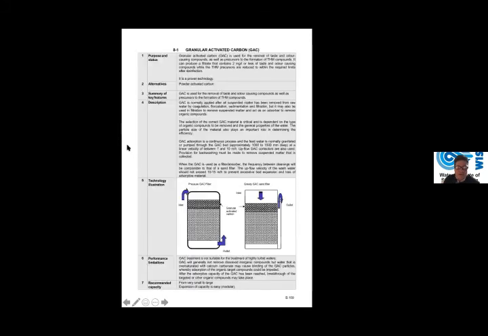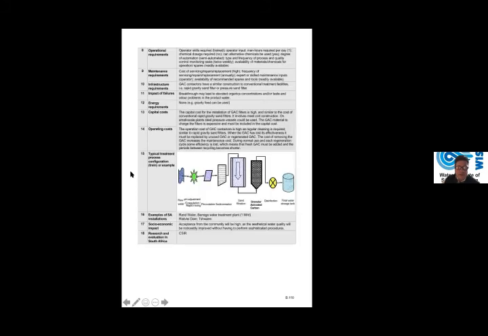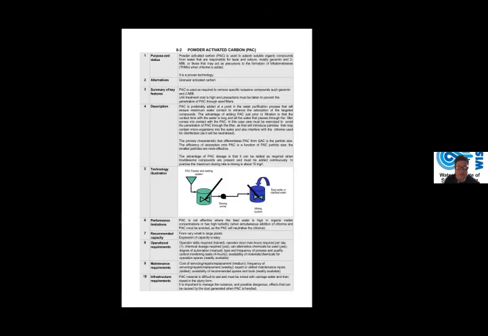Adsorption, I showed you in the previous presentation the different types, your granular activated carbon in your GAC filters. You can even put a layer of GAC on top of a sand filter as well. Then your powder activated carbon, which has the advantage that you only have to dose when needed.